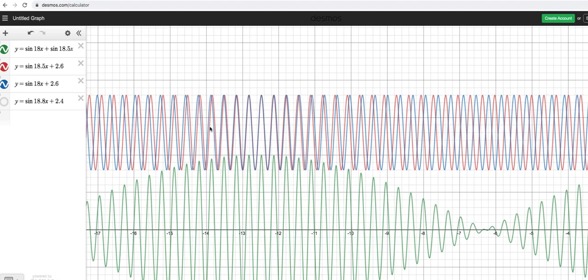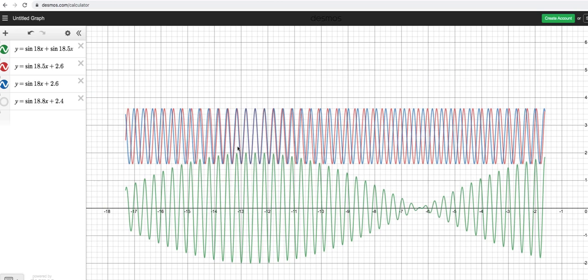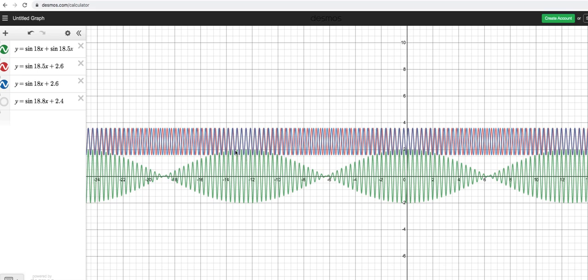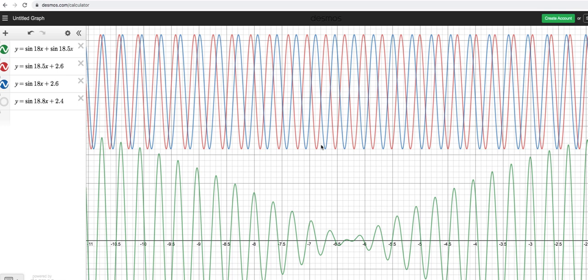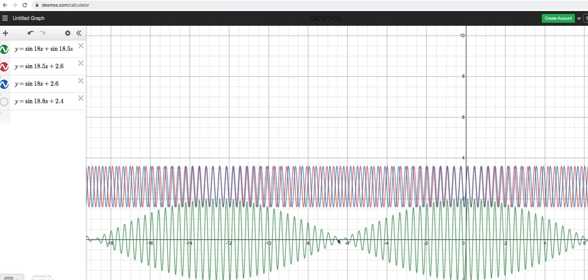So when two frequencies which are slightly different completely superimpose on each other at one point, you get the peaks of these spindles, and when these two frequencies are in opposite directions and completely cancel each other, you get the trough of these spindles.